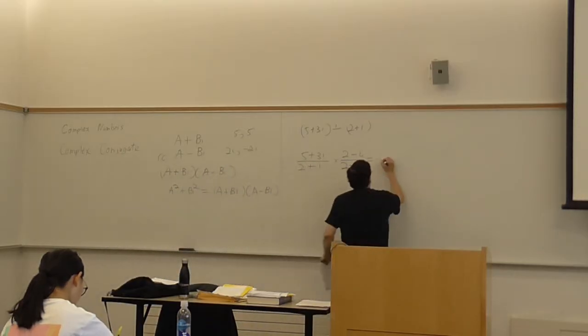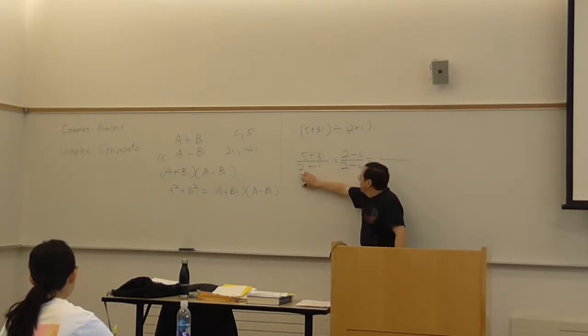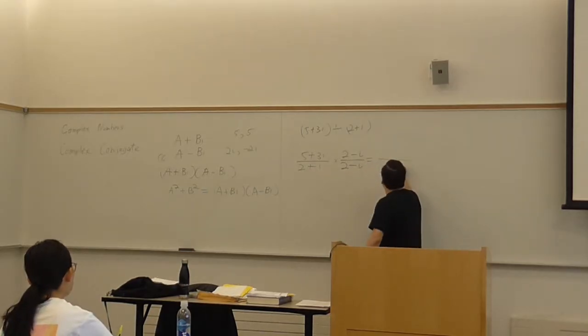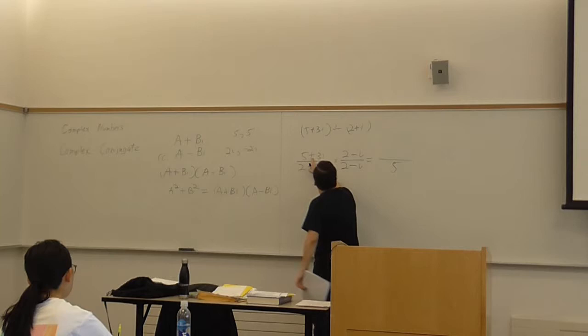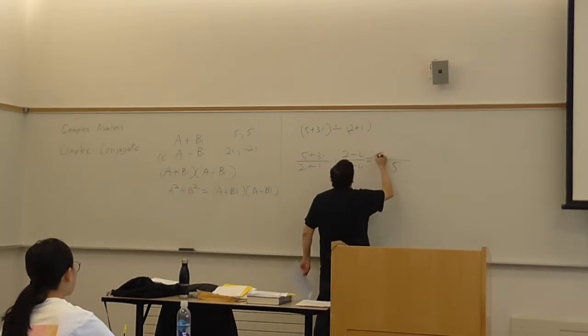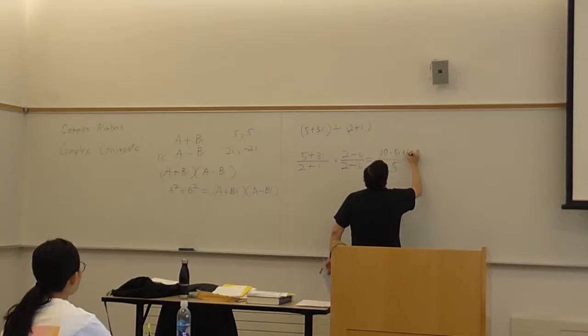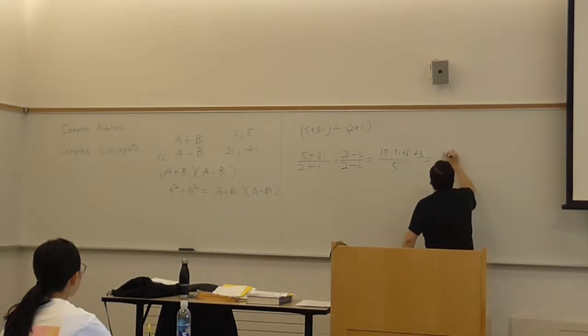All right, so this tells us the denominator is going to be 2 squared plus 1 squared, or 5. Now I just have to do a multiplication. 10 minus 5i plus 6i, so minus 3i squared plus 3, or 13 plus i over 5.